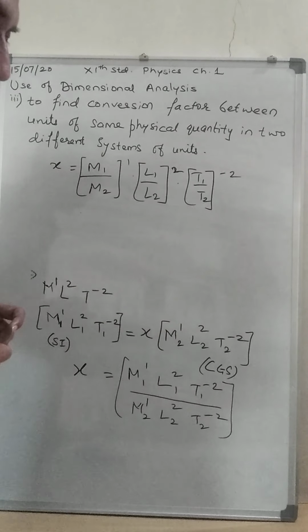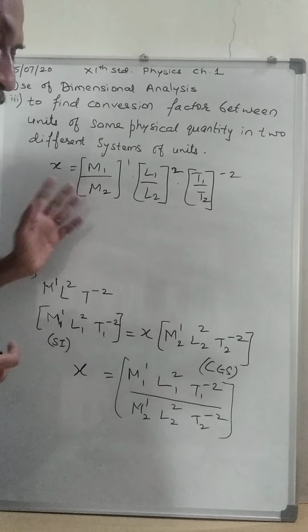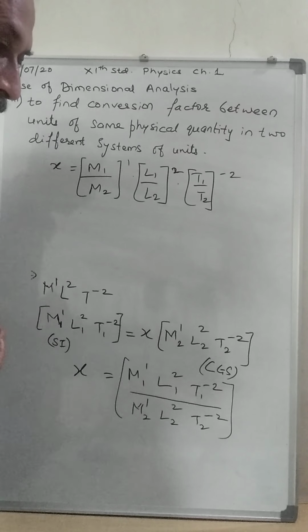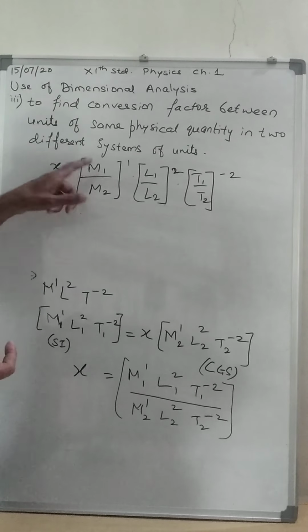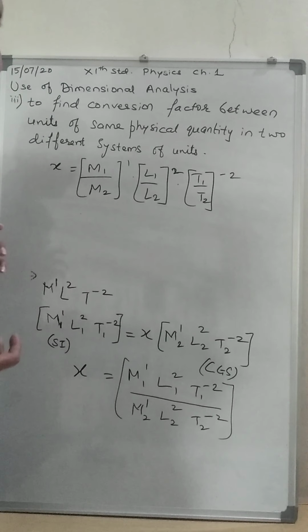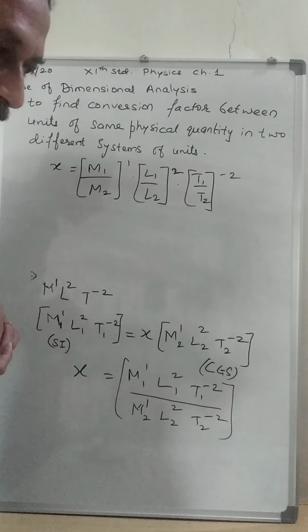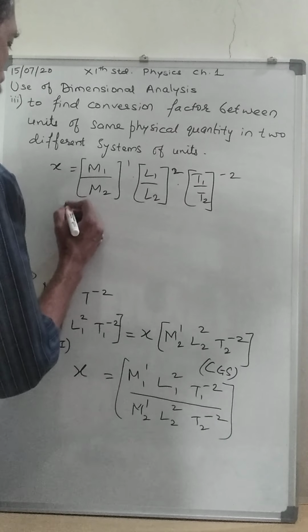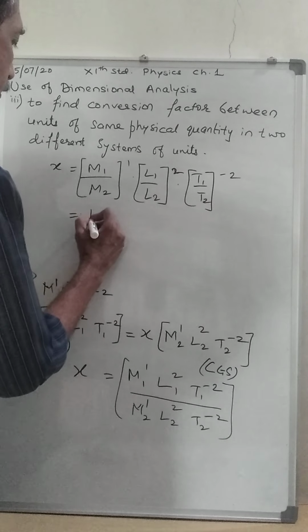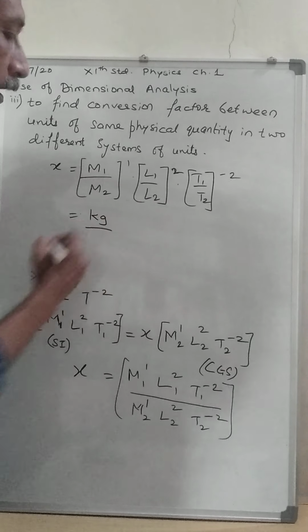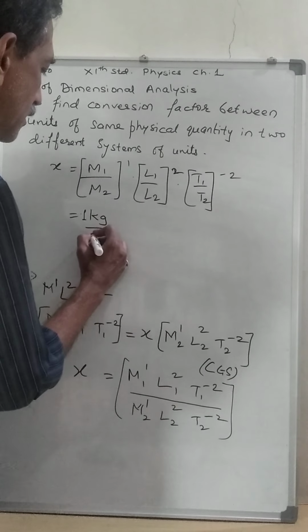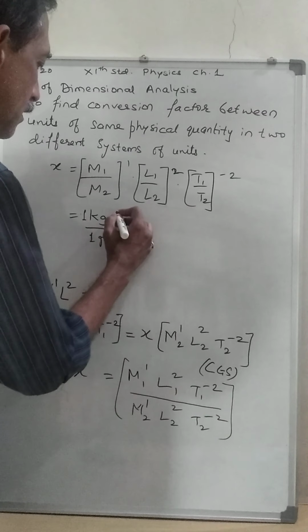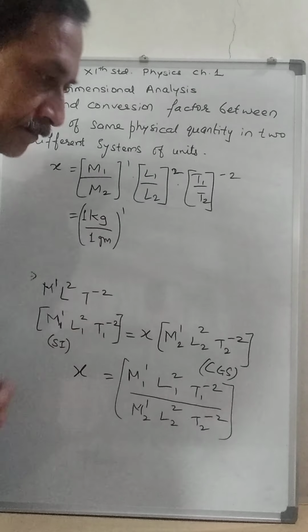Now we will actually put the units in this. In the SI system, M1 upon M2: M1 is 1 kg and M2 is 1 gram, raised to 1.